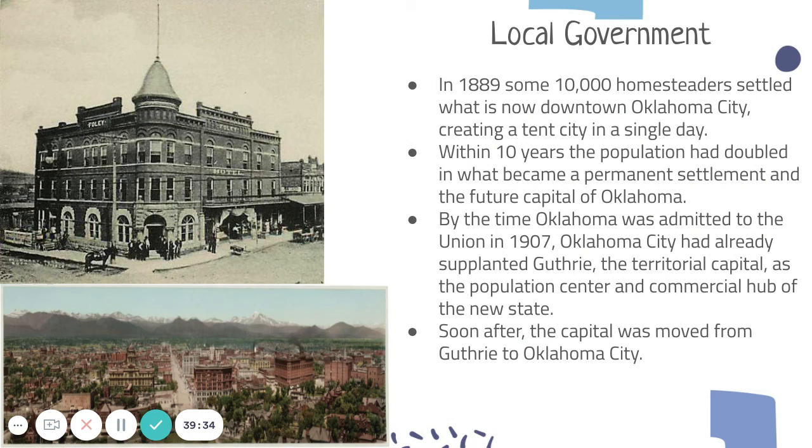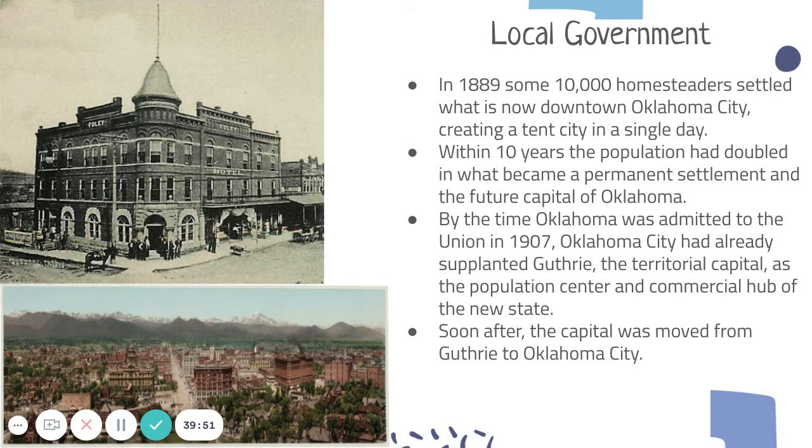Within 10 years, so by 1899, heading into the 1900s, we see that the population had doubled and created the permanent settlement and the future capital of Oklahoma, Oklahoma City.